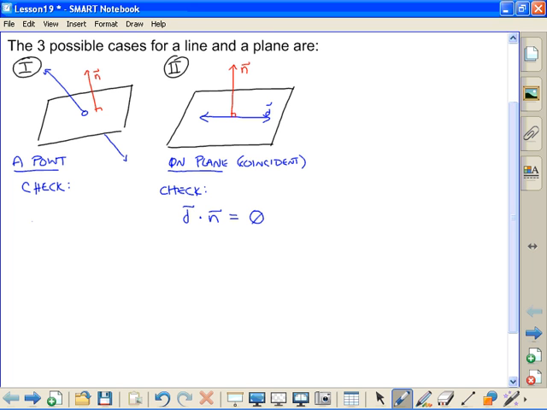If we did this same thing for the first example, when there's a point, since the line is not on the plane and never will be if it's going to pass through at a point, it will never ever equal zero. So if we do this check right off the start and you find that the dot product's not equal to zero, you know you're going to have a single solution. So you're going to have an independent system where you'll be able to find a value.